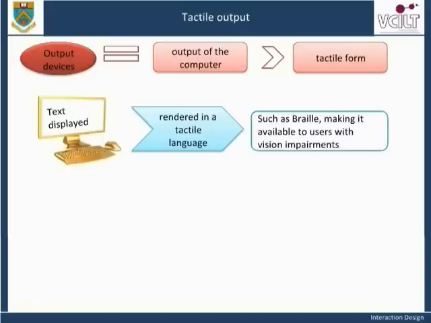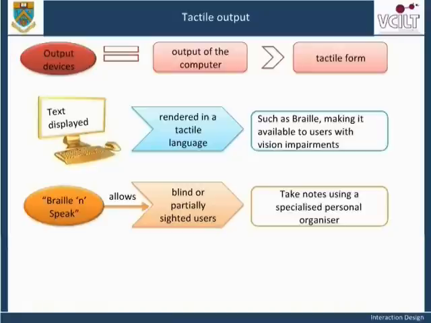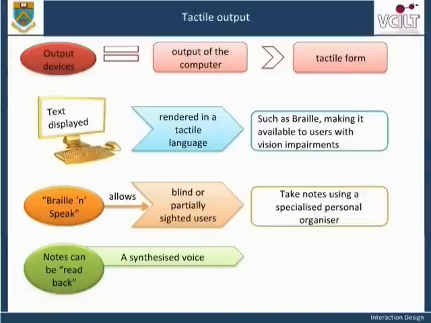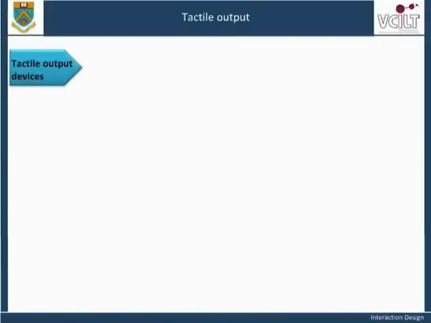For example, there is a product known as Braille and Speak that allows blind or partially sighted users to take notes using a specialized personal organizer. Notes can be read back via either a synthesis voice or a refreshable Braille cell that turns text into tactile form. Tactile output devices of this type essentially use touch as an alternative output medium.